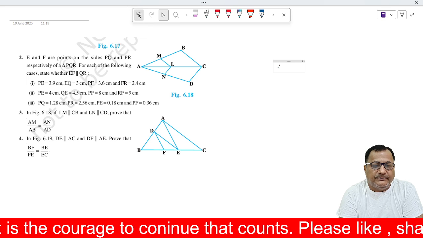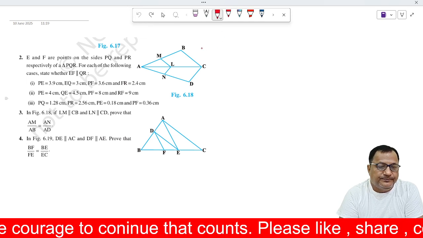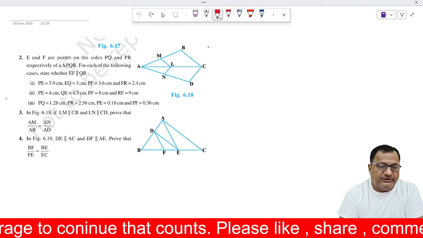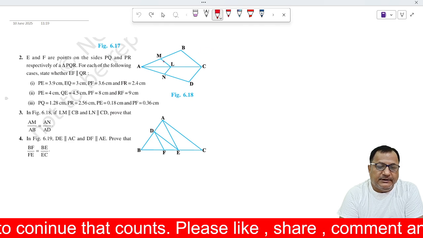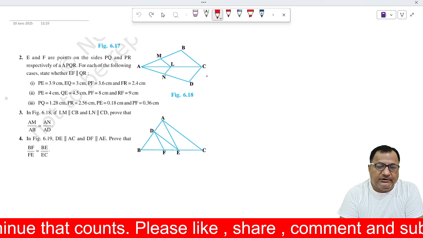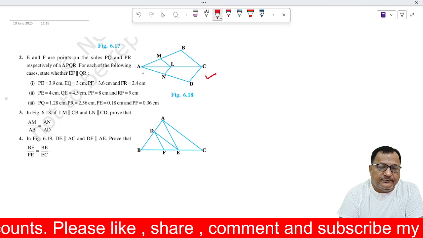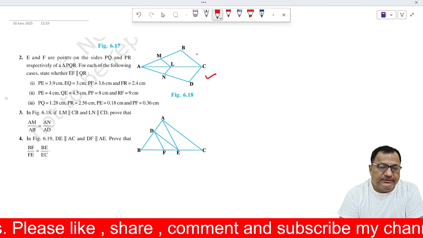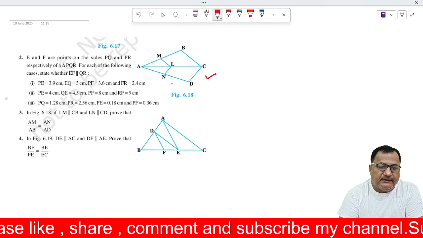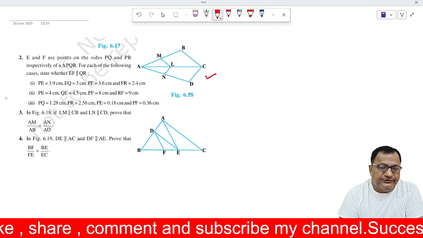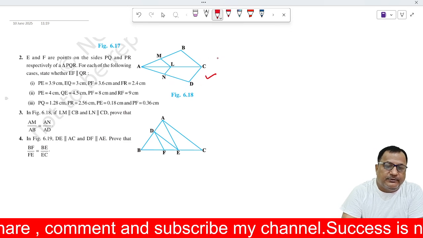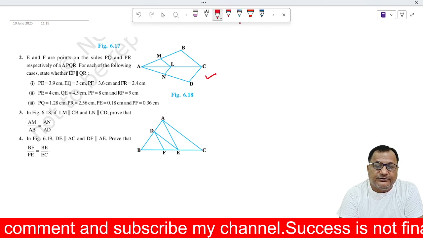See, question number 3 in figure 6.18: LM is parallel to CB and LN is parallel to CD. Prove that AM by AB is equal to AN by AD. We have to prove this. Question number 3.